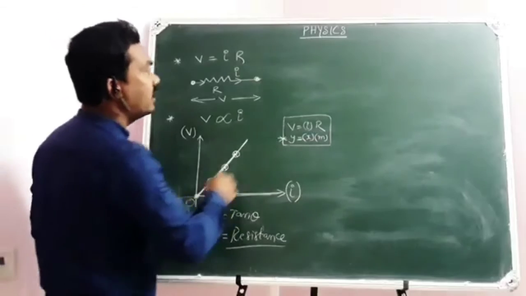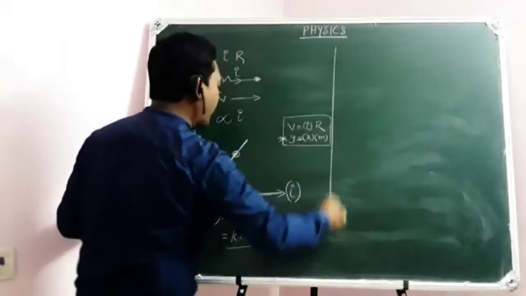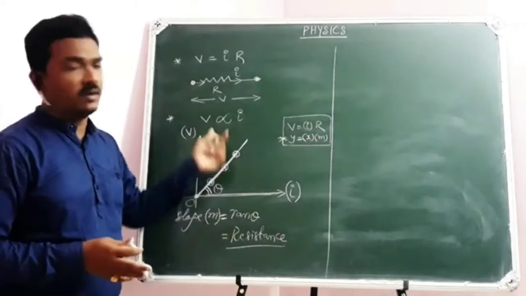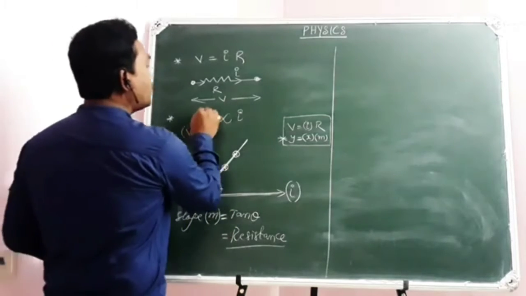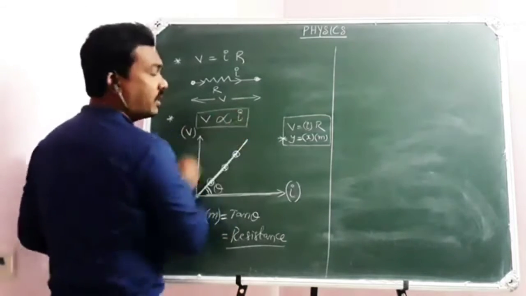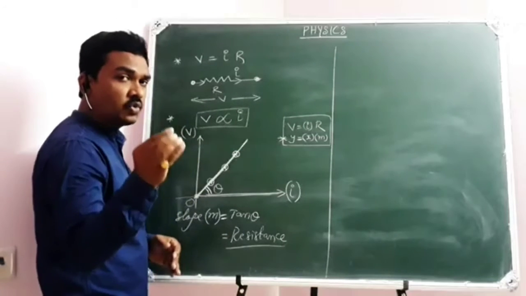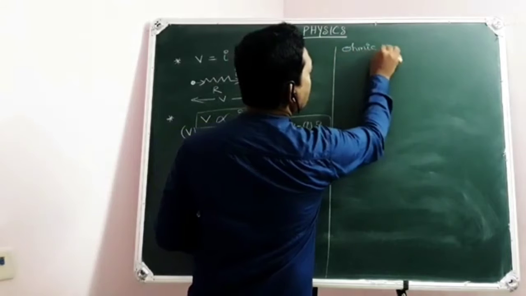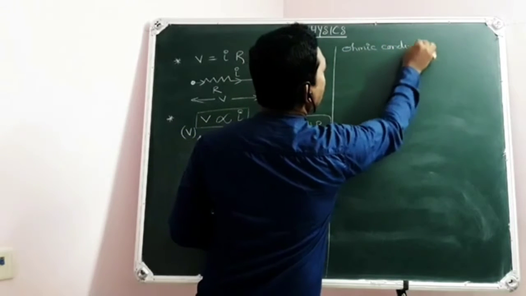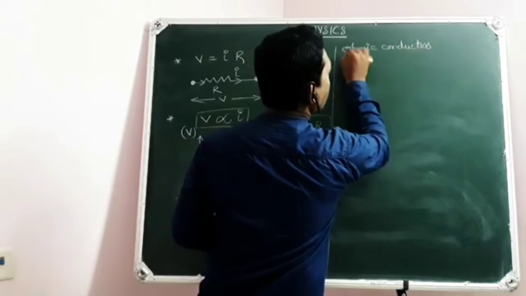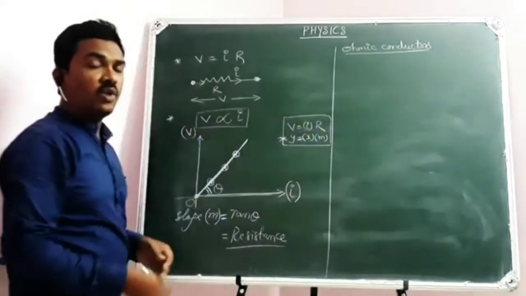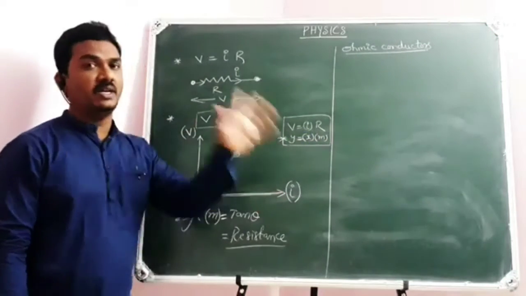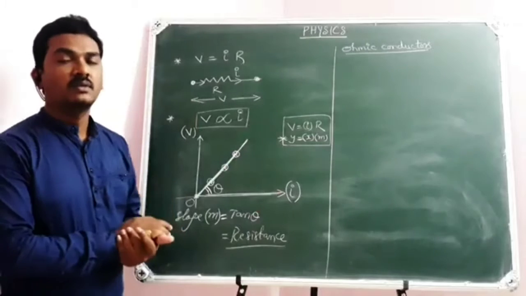This is a little more mathematical explanation. Apart from that, don't expect that all the materials obey this Ohm's law. No. Most of the conductors obey this Ohm's law. So those materials which obey Ohm's law are known as ohmic conductors. For those materials only, the VI graph will be a straight line passing through the origin.